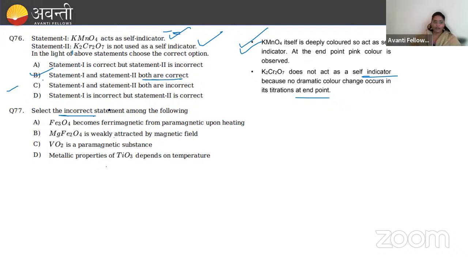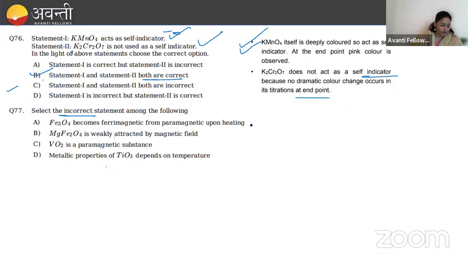Yeah. So here when we talk about the first option, Fe3O4 becomes ferrimagnetic. Yeah. So यहाँ पे क्या है? First statement is what? Our incorrect statement. So when we heat Fe3O4, its magnetic moment changes its direction, thereby losing its magnetism, and it turns into induced magnetism, where it shows magnetism only in presence of magnetic field.